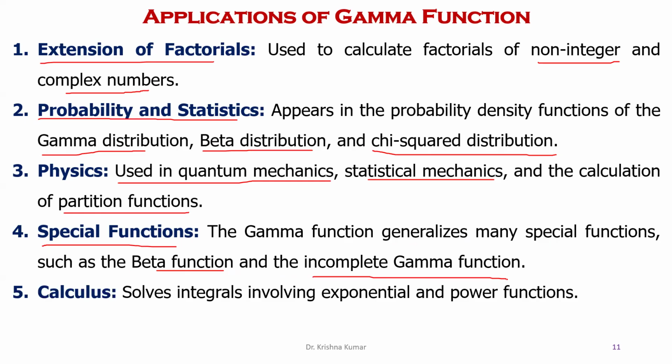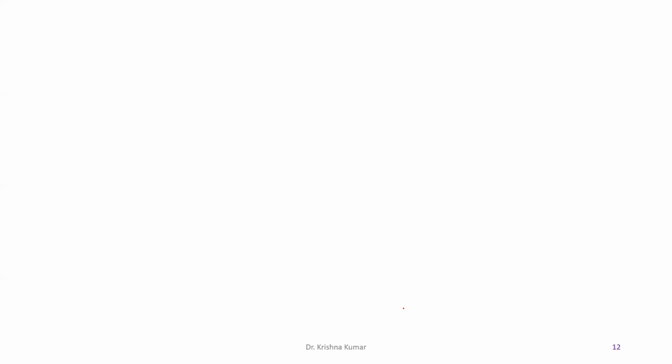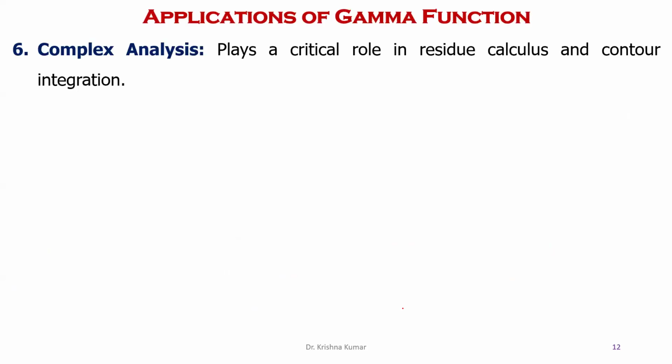The fifth application is in calculus. Gamma function solves integrals involving exponential and power functions. The sixth application is in complex analysis. It plays a critical role in residue calculus and contour integration.